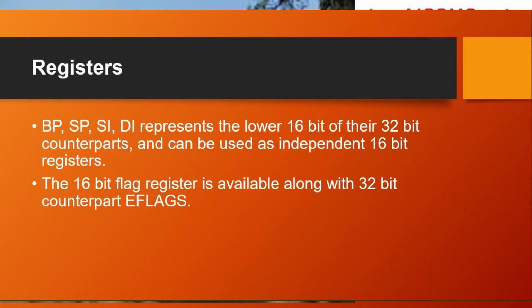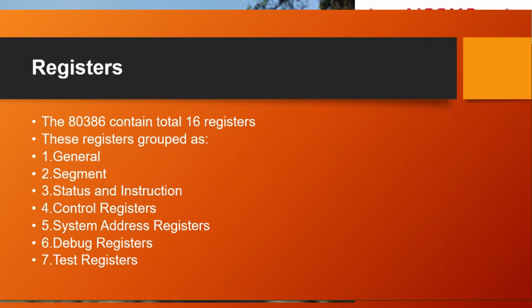BP, SP, SI, and DI are the 16-bit counterparts of their 32-bit registers and can be used as 16-bit registers. Apart from that, 80386 has the EFLAGS register, which is a 32-bit register that performs various operations related to the controlling and status of the microprocessor.